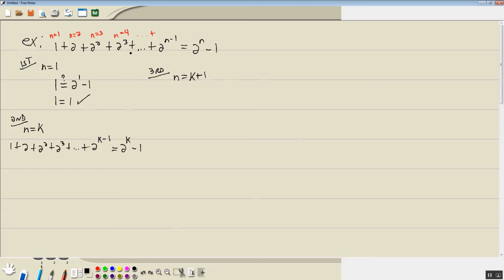So I'm going to come up here, and I'm going to have 1 plus 2 plus 2 squared plus 2 to the third plus, and so on. And if I plug k in here, I'm going to have 2 to the k minus 1 plus, and if I were to plug in k plus 1 up here, k plus 1 minus 1.